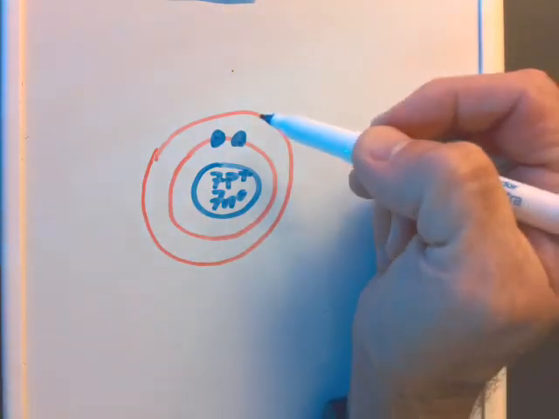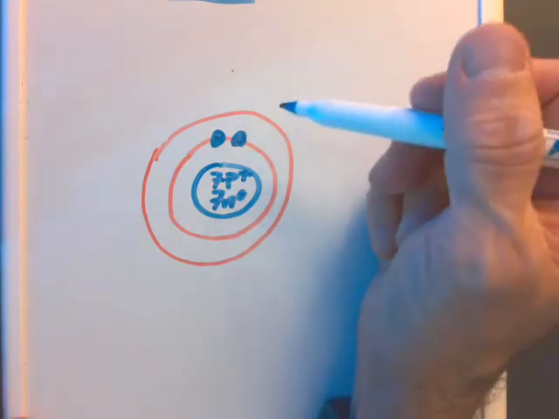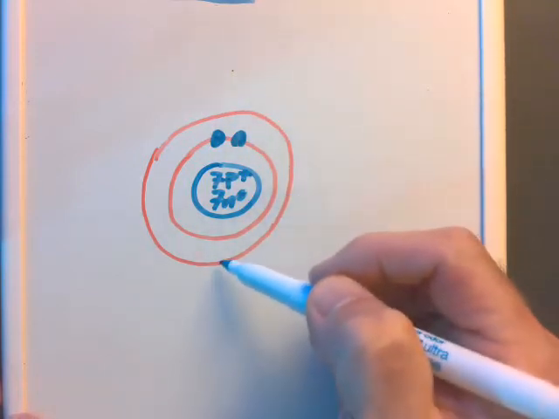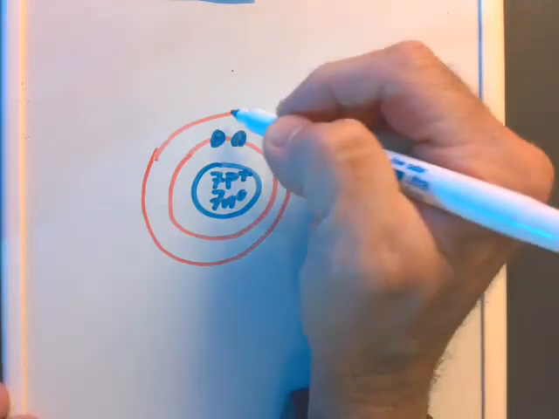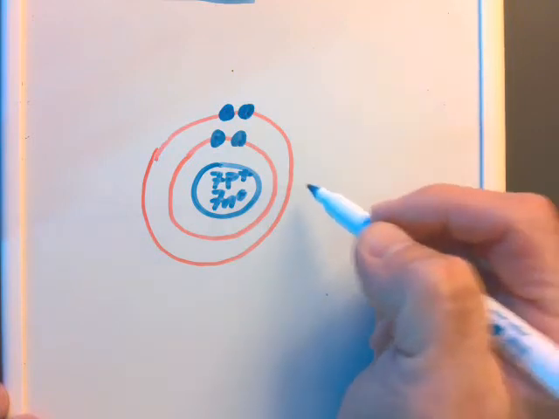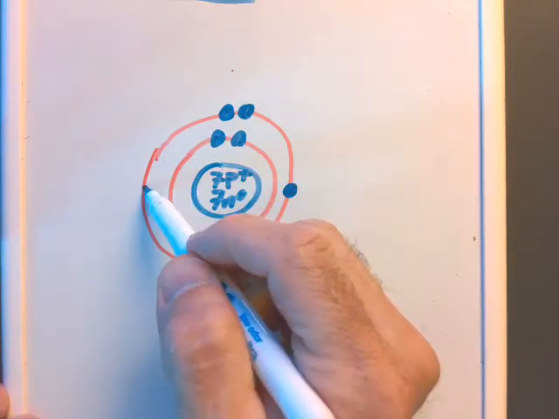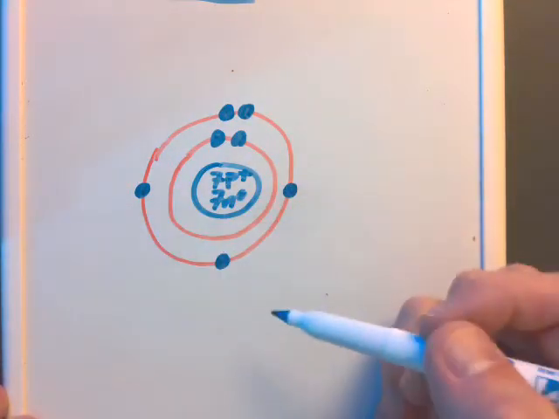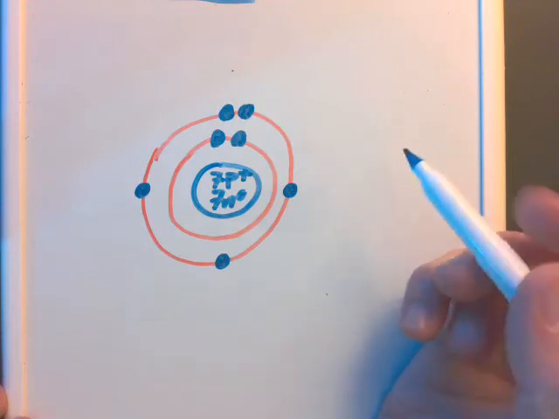I'm going to fill in 5 of those 8 slots, but I'm also not going to go 1, 2, 3, 4, 5, empty, empty, empty. Instead, watch how I do this. I've got 5 electrons to house. I'm going to put 2 together, and then I'm going to put 1 by itself here, 1 by itself there, 1 by itself there. So when I'm done, this is my final Bohr model of a nitrogen atom.